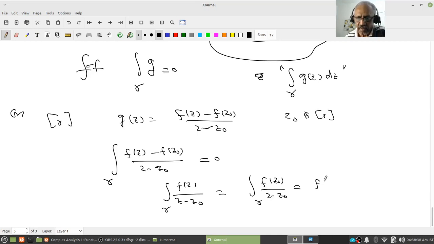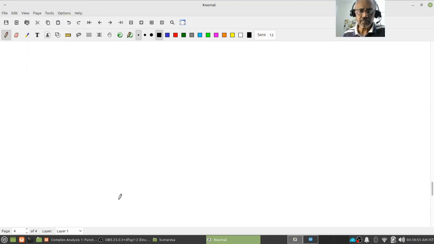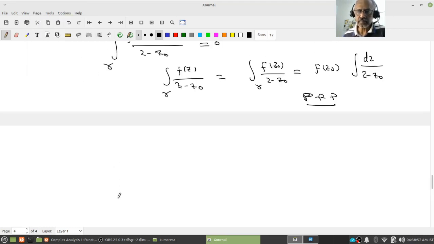Therefore this is f of z naught into integral of dz by z minus z naught. Okay, pause, review, proceed. This is over gamma, right?